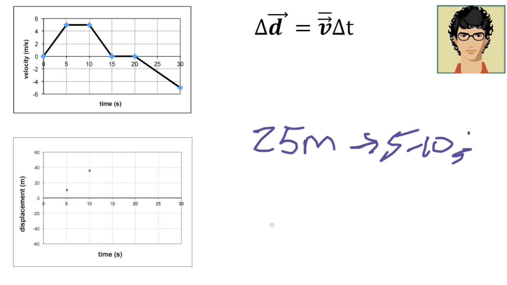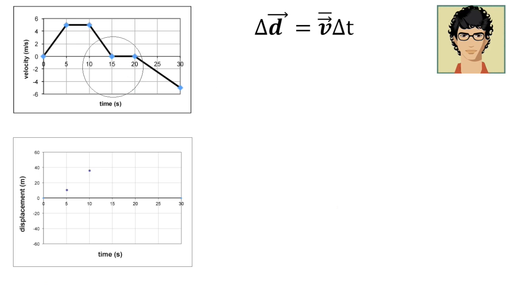All right, once again, we'll clean up our board, and then look at the area over here. It looks like it's the same sized area as before. 1/2 base times height, the triangle. The height is, again, 5 meters per second. The base is 5 seconds. So we go another 12.5 from 37.5.